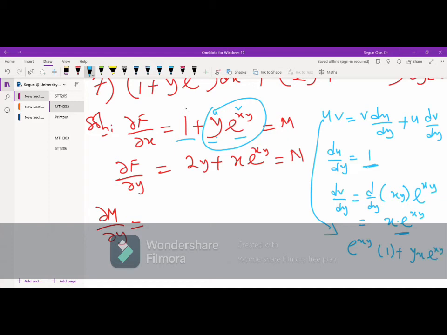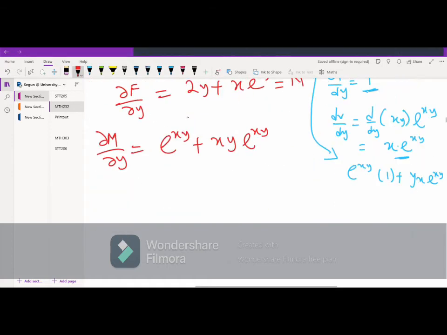Please take note. You have to be smart with all these questions. They are very tricky. So, any question on that? So, when you differentiate this, you have exponential xy plus xy exponential xy. So, can we try the second one?